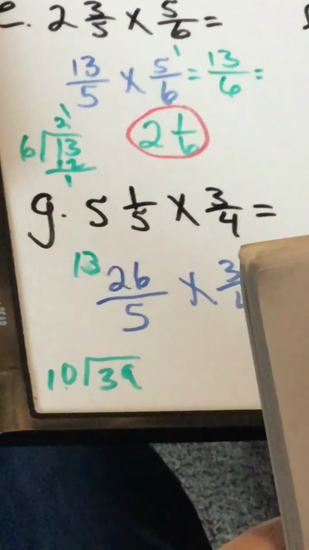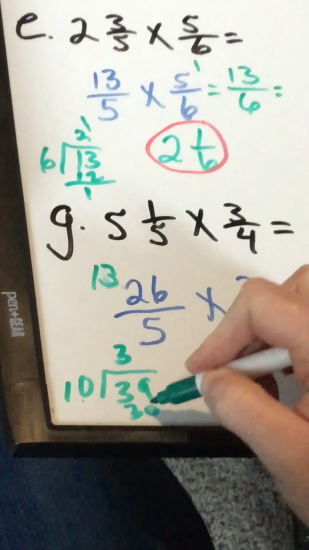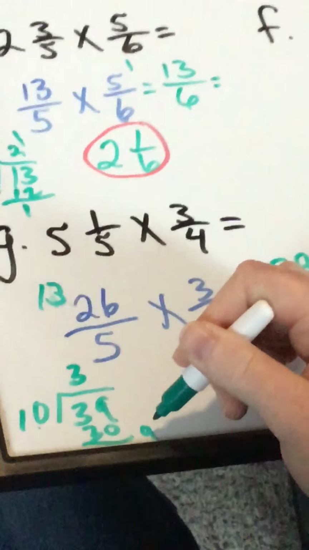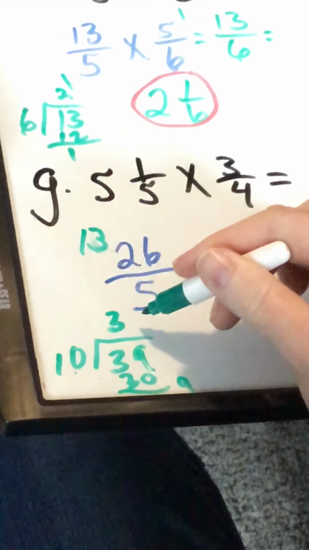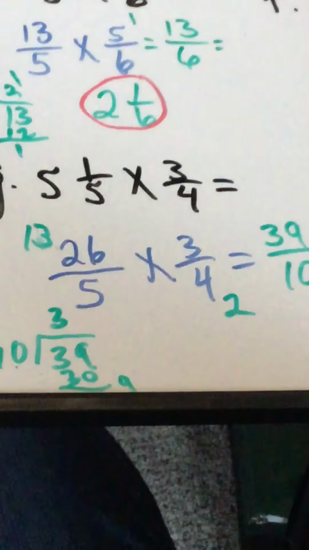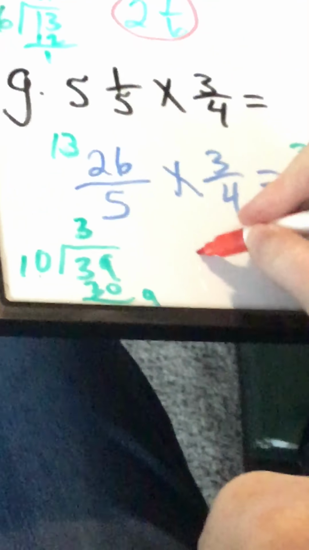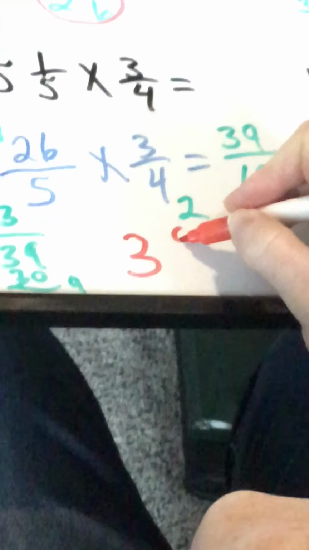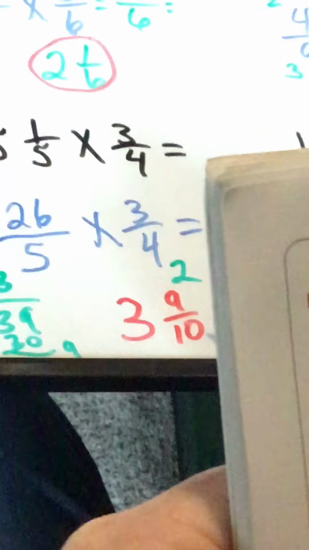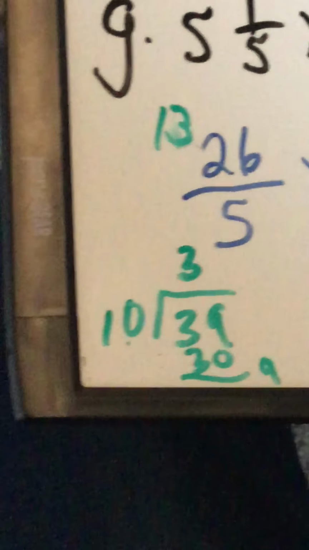Okay? It goes in 3 times, which would be a 30, and you have 9 left over. Okay? So you're going to end up with 3 and 9/10. And that's going to be your answer for that one. Okay.